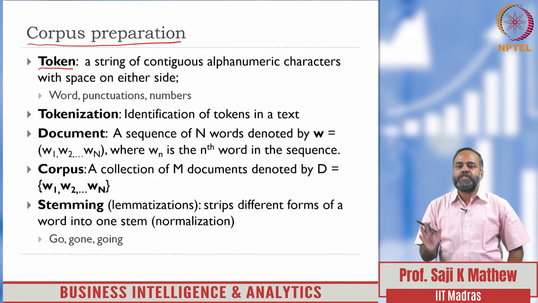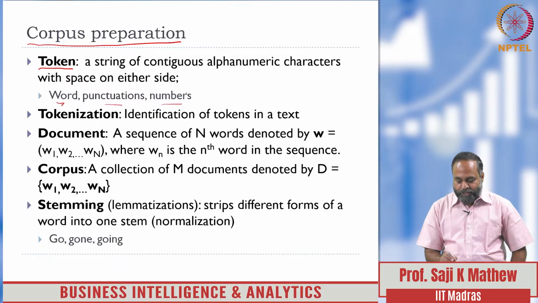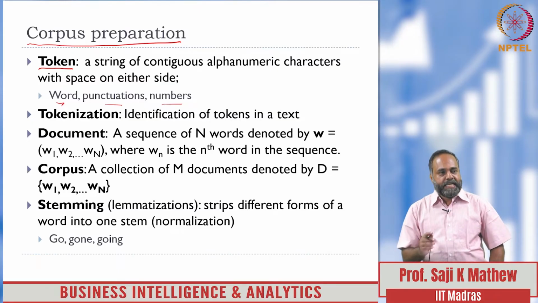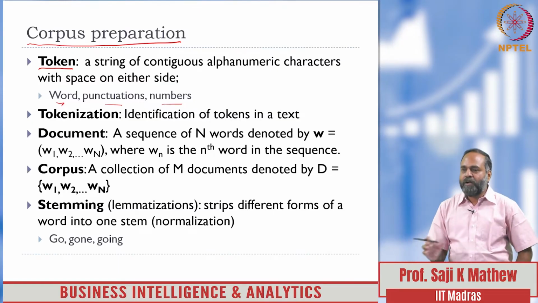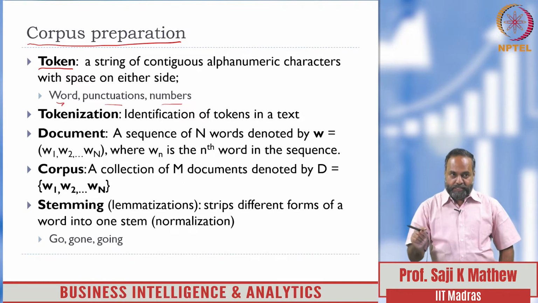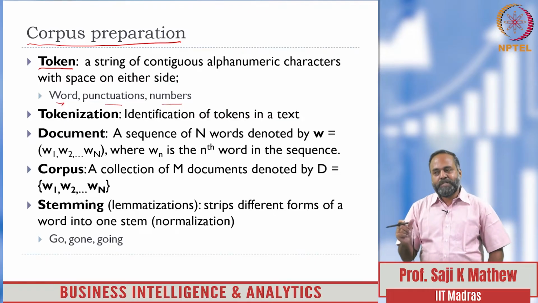A text consists of tokens. A token could be a word, could be punctuations, it could be numbers, it could be hypertext, any unit that is part of a text, basic unit that is part of a text. It is not the letters, but it starts from words, punctuations, numbers, etc.